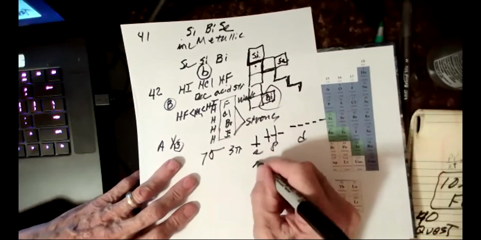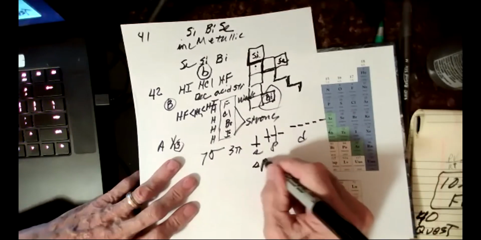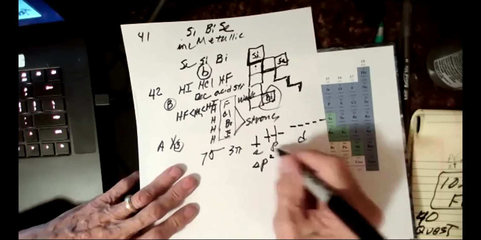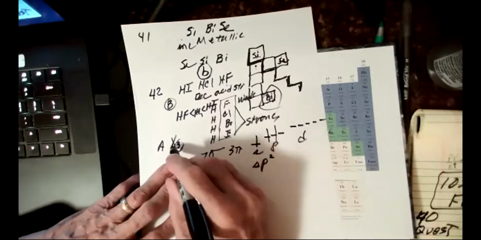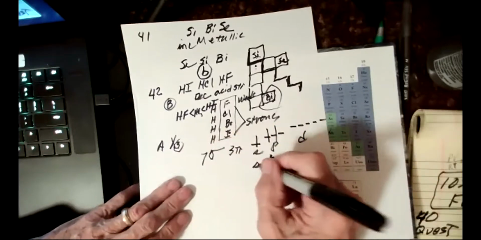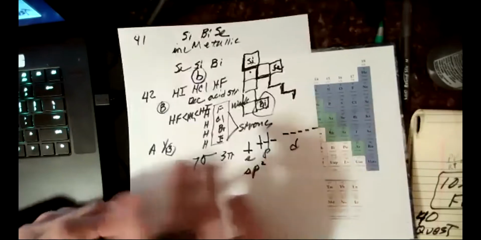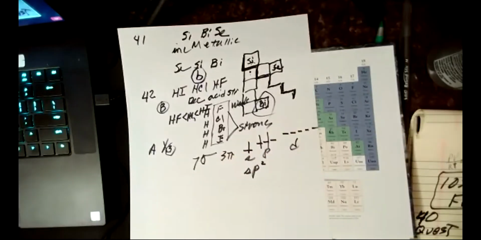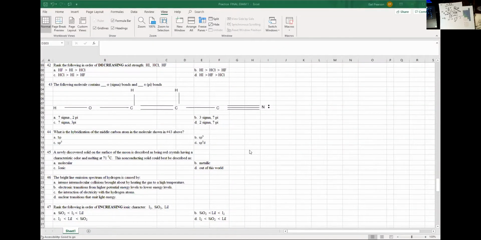So I need an S orbital and 2 p orbitals to give me the 3 hybrid orbitals I need to attach the 3 x's onto A. So it's sp2 hybridization, and that is C.